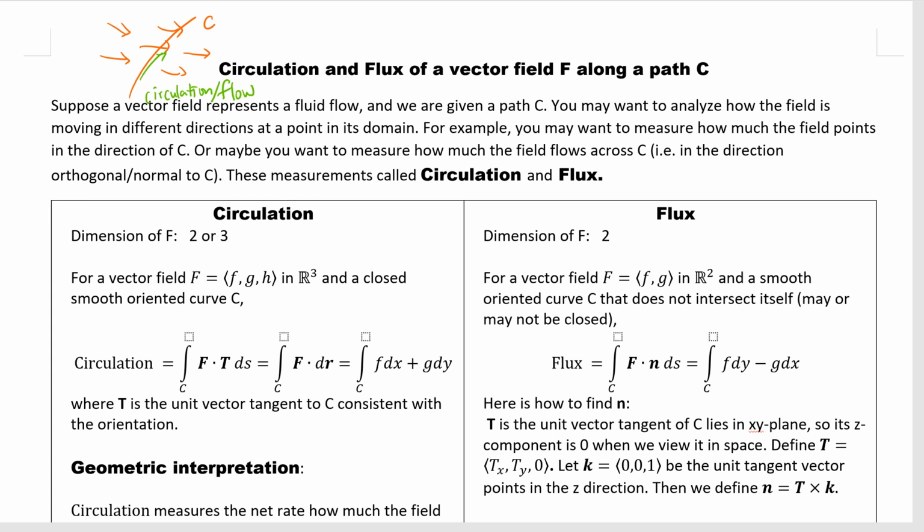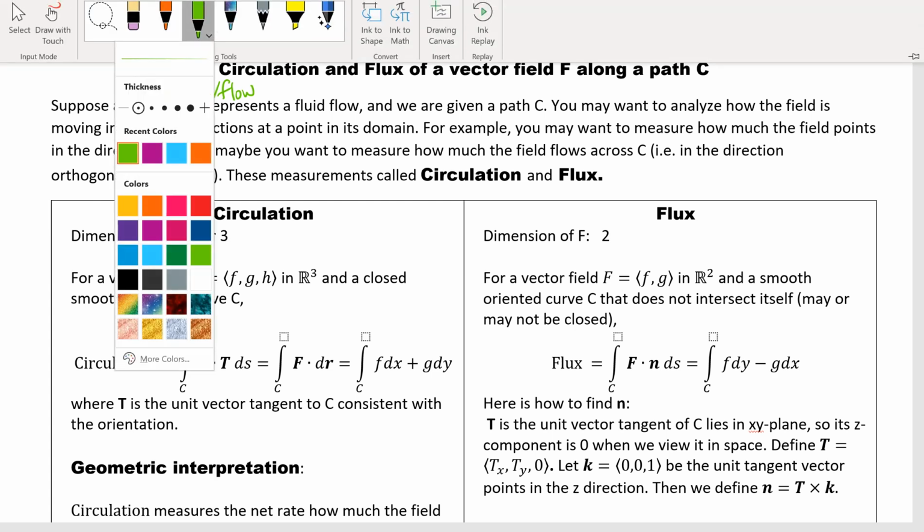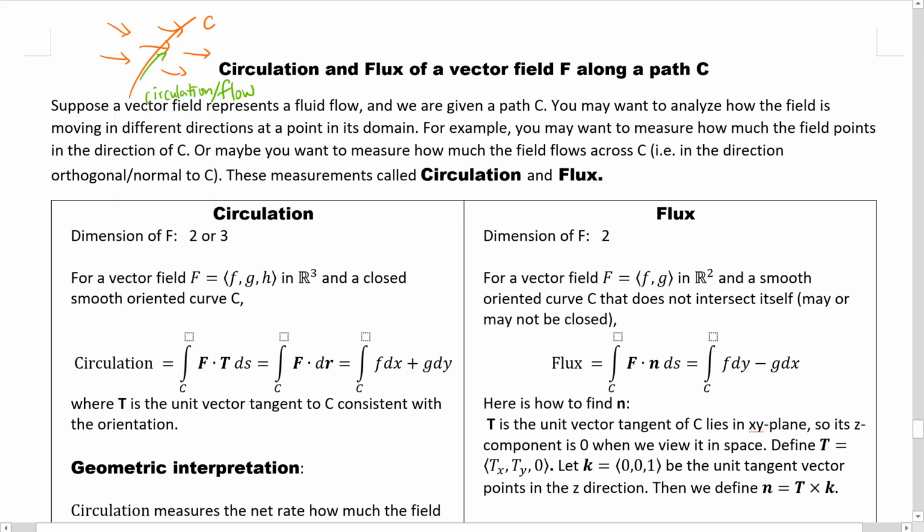Okay, but instead, if you want to measure the component of the vector field that goes across C, then that is the flux. So flux measures how much the vector field goes across, orthogonal to C.